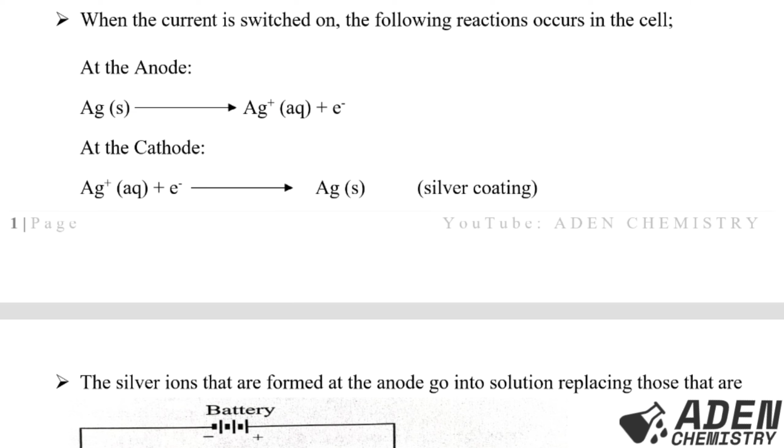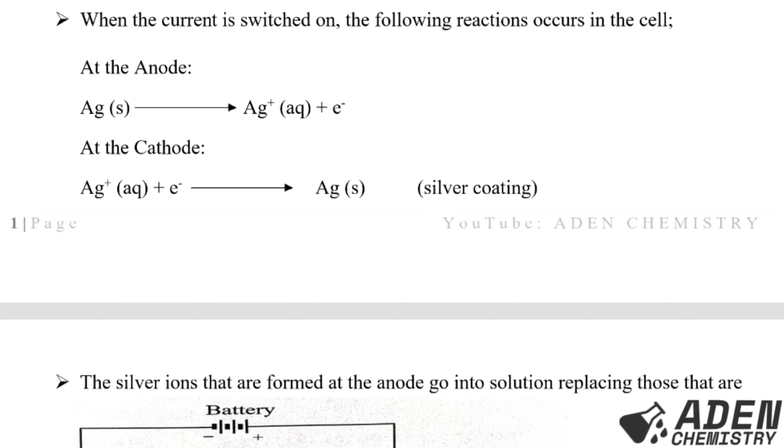So the silver rod, which made up the anode, loses electrons and goes into solution as silver ions. What about at the cathode? At the cathode, the silver ions in solution gain one electron to form a neutral silver atom. That will be the silver coating.